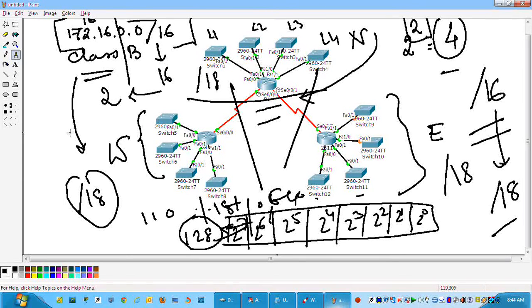Now you have to choose which IP addresses and which subnets you will be using. So for example, I am using 0.0/18 in this case. I can consider this particular subnet here.